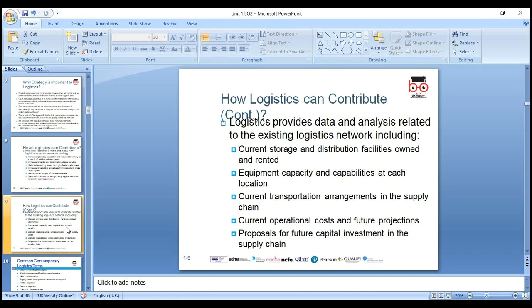No. How can logistics contribute? Logistics provides data and analysis related to the existing logistics network: current storage capacity, distribution facilities, owned and rented, and equipment capacity. Have we heard about EOQ, economic order quantity?